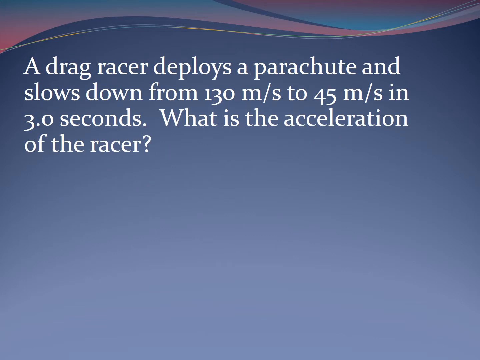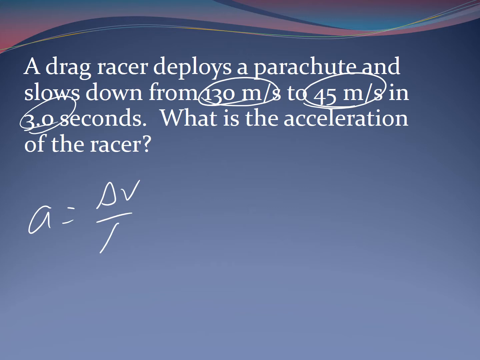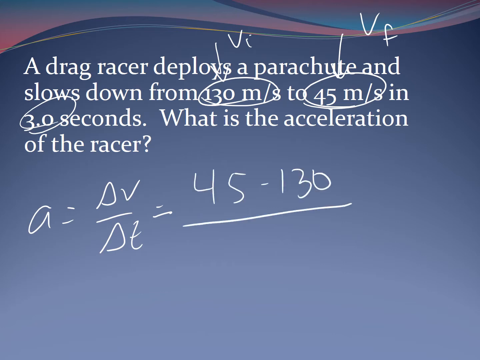Let's say, for example, we have a drag racer and it deploys a parachute and it slows down from 130 meters per second to 45 in 3 seconds. What is the acceleration of the car? Acceleration is change in velocity over change in time. When it says from, that's my initial velocity, and my final velocity is 45. So 45 minus 130 divided by 3.